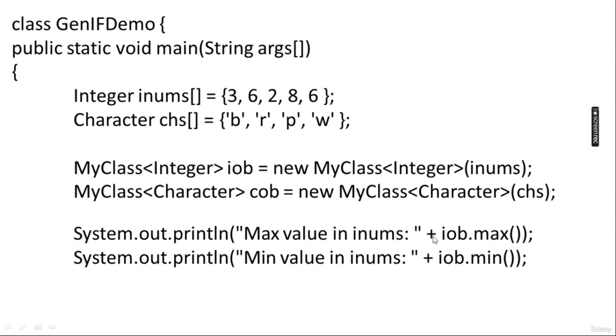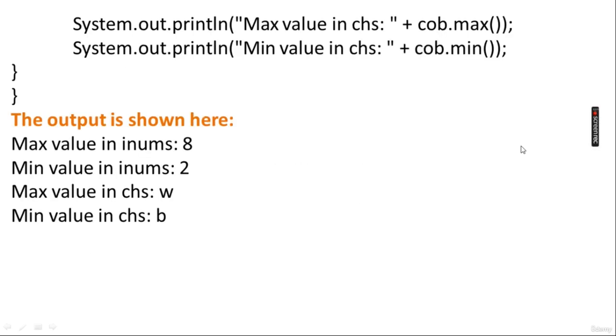Then max value in inums is equal to iob.maximum(), and min value in inums is iob.minimum(). Then max value in chs is cob.maximum(), and min value in chs is cob.minimum().